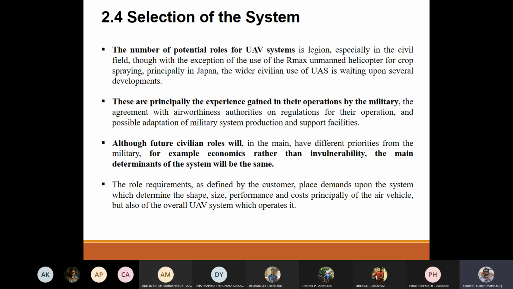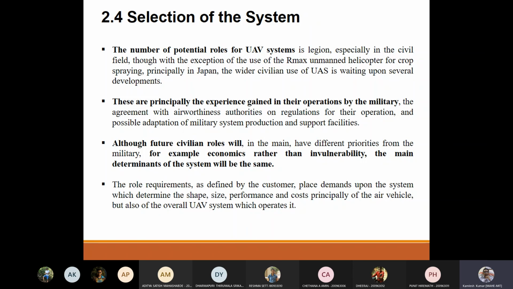Not the military-related type of systems, but at least some part of the system should be the same. We are not talking about the different payloads, different communication systems, or the very secure software which is mostly required for military operations. So you have to compromise when you are talking about civil applications. This has to be thought through for civil and military applications.